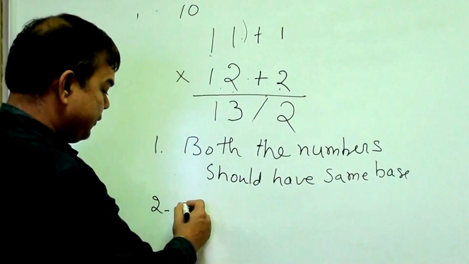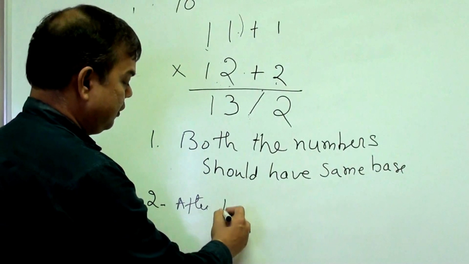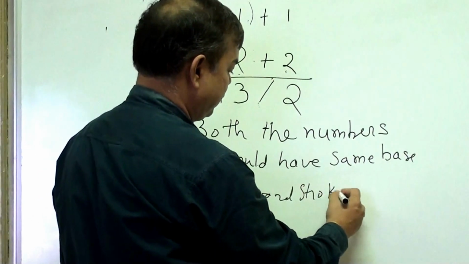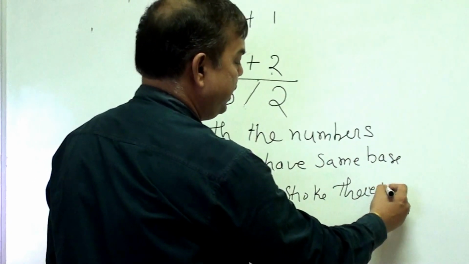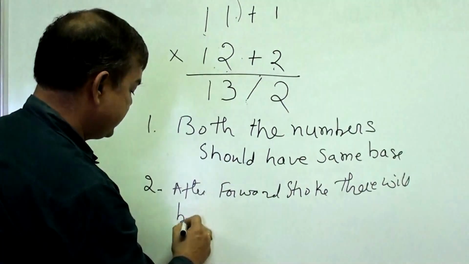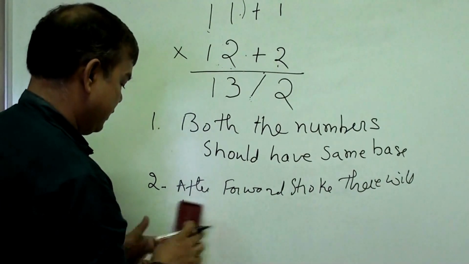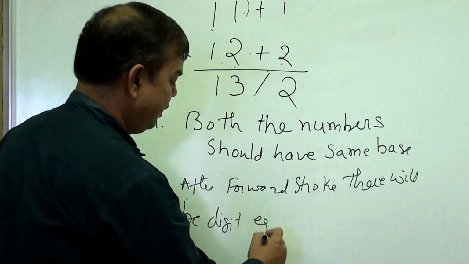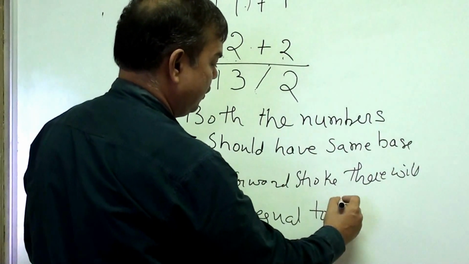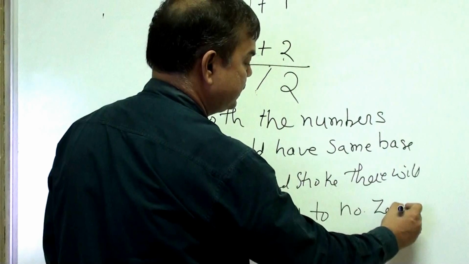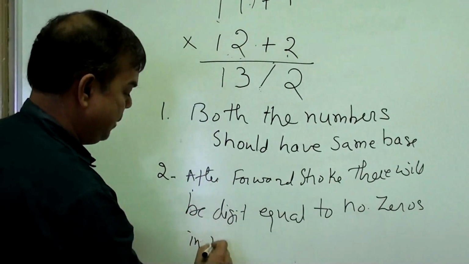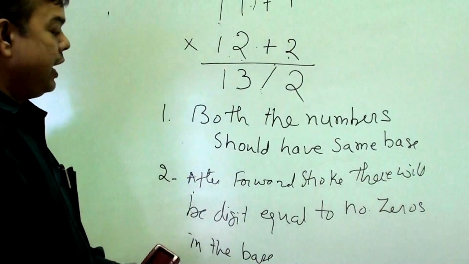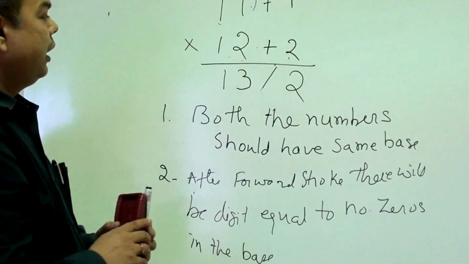So after the forward stroke there will be digits equal to the number of zeros in the base. So I hope now you have understood.